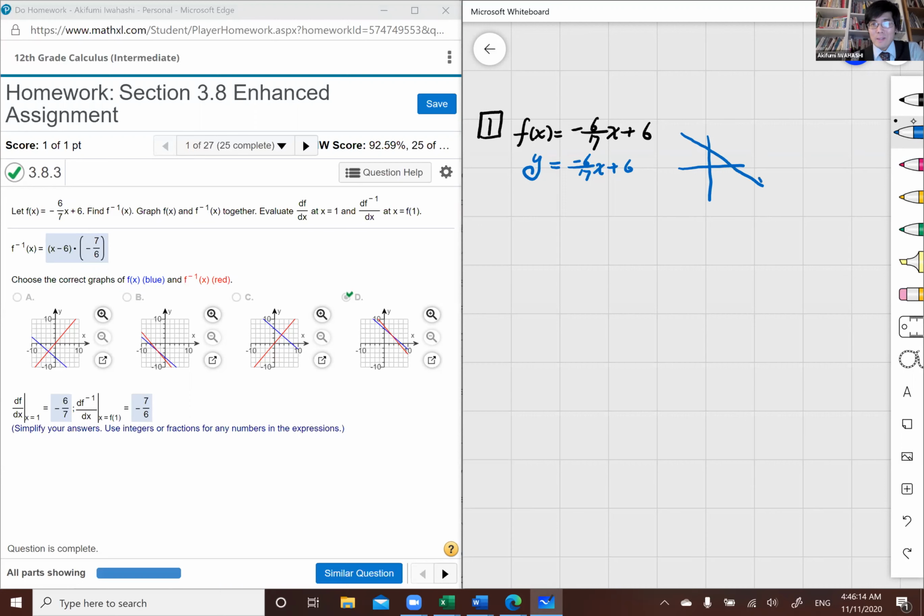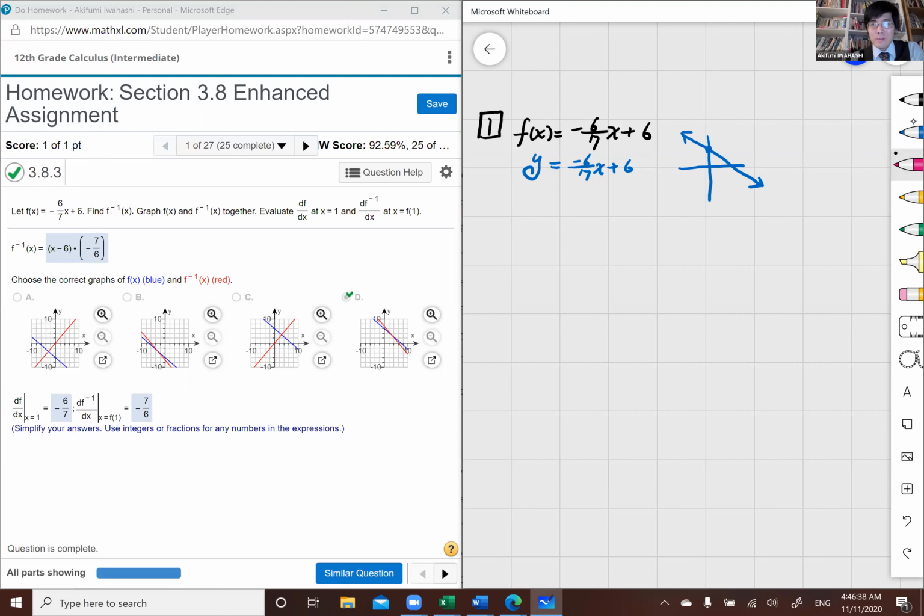The slope is negative, and the y-intercept is positive 6. So this is a one-to-one function. It passes the horizontal line test, which means at any given height, the horizontal line meets the line at only one point. So this has an inverse function.